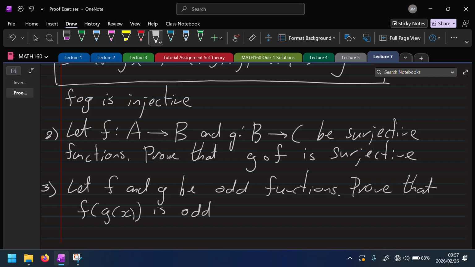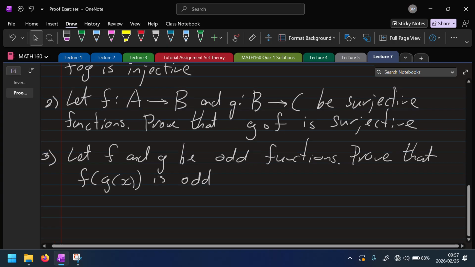Given f and g are odd, here we don't need the domain and the range, we just need the condition to be odd, right? f of minus x is minus f of x, g of minus x is minus g of x. So you put that down as your given. You put this down as your need to show that that's odd. Do a calculation. You should end up with minus f of g of x. Does everyone understand? Okay, so you do that one. And then this next one we'll do in class.